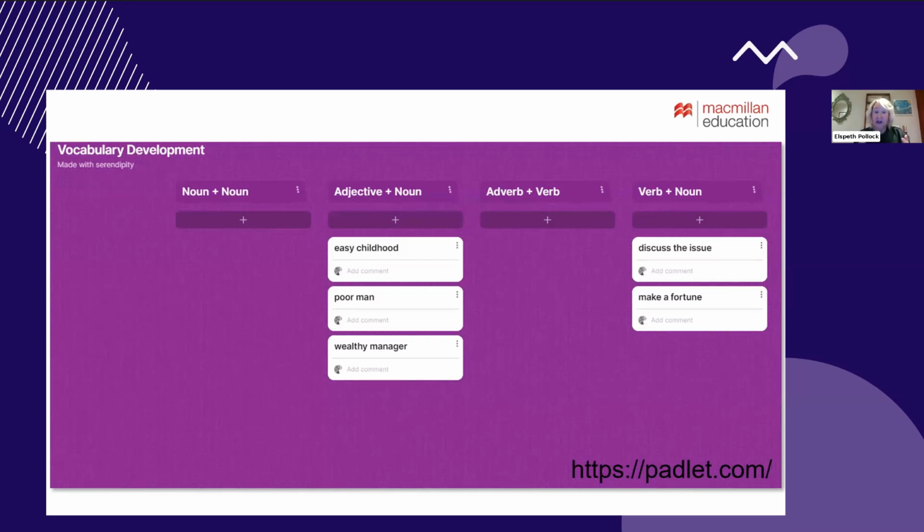There is no reason you can't do this on paper, but you can do it online if you want. Doing it online on a Padlet is actually quite good because you can build up various texts worth of collocations and you can create big long lists for everyone to share.